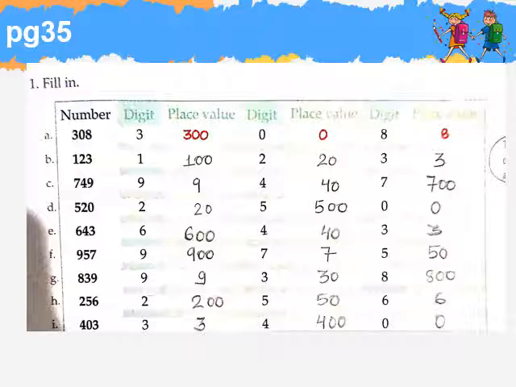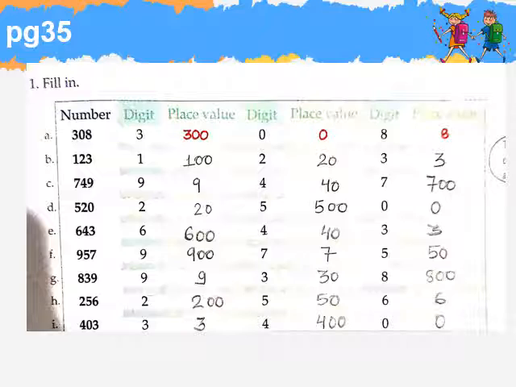So in 957, 7 is at ones place. So its place value is 7. Now the next digit is 5. It is at tens place. So its place value is 50.